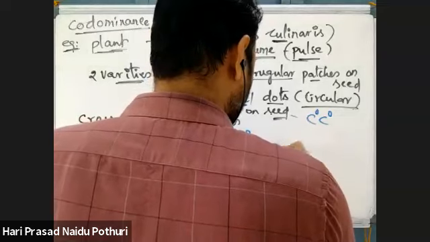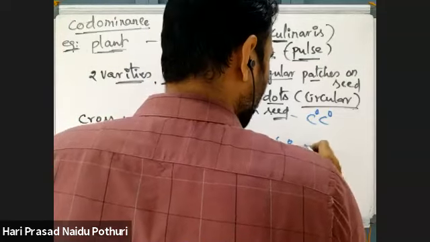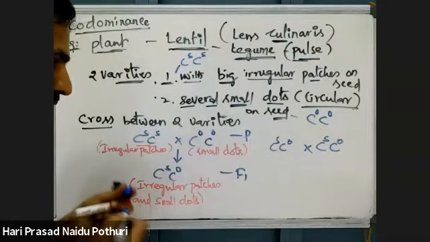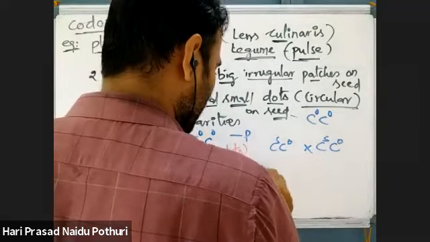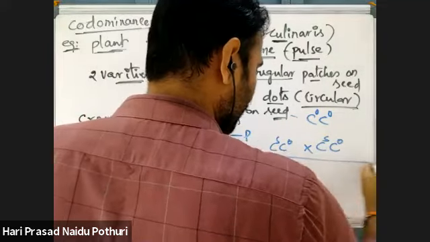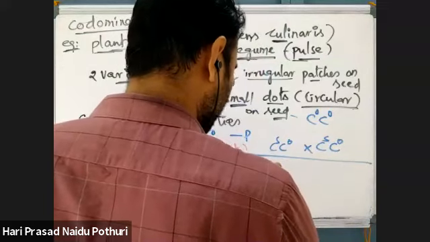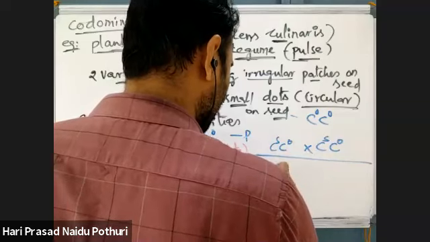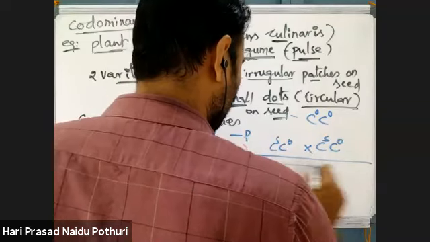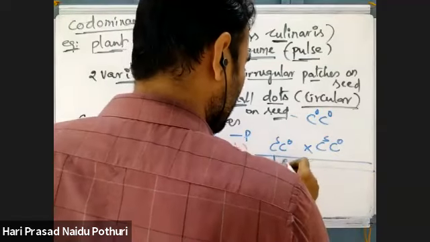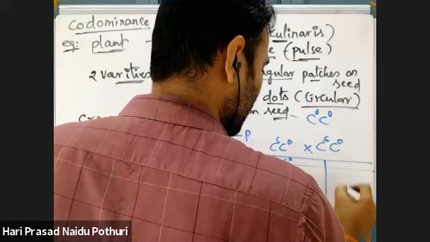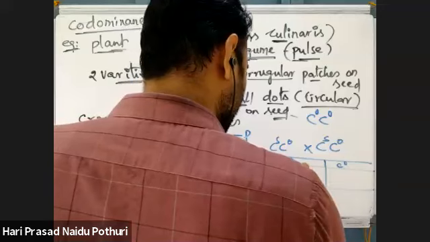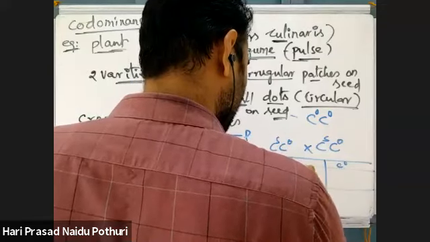See here, F1 plants are then selfed. Upon selfing, what will happen? There is formation of 4 offspring. This will produce CS, 1 gamete, C0, 1 gamete. This will produce CS, 1 gamete, C0, 1 gamete. Here, CS will form.